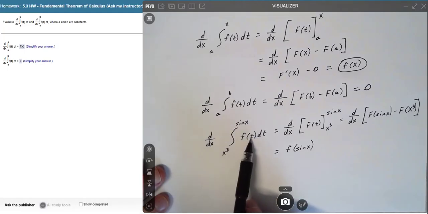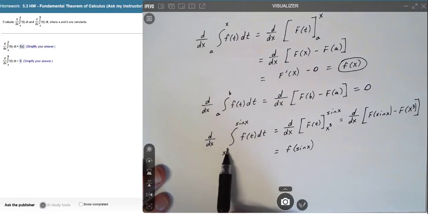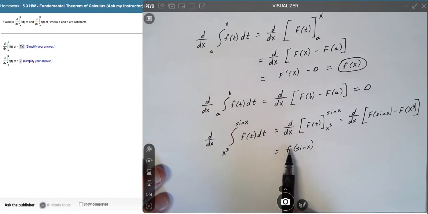You weren't when you were just integrating, but when you evaluated, you're putting a function inside of a function, so that when you take the derivative, you're going to have to say, well, it's the original function evaluated at the limits of integration times the derivative of the limit of integration due to the chain rule.